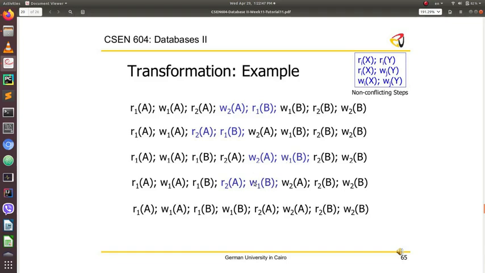Then we will swap the write operation for transaction 1 and read operation for transaction 2, and we end up executing all steps of transaction 1, then all steps of transaction 2. So we end up with a sequential serial schedule. And don't forget to write down aside the non-conflicting steps if you are solving this kind of problem.